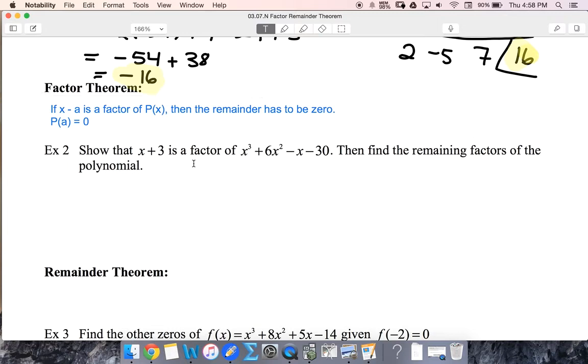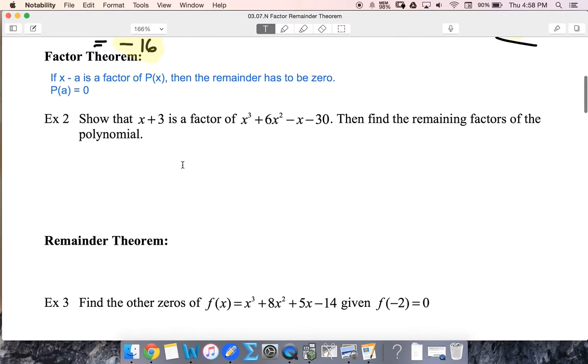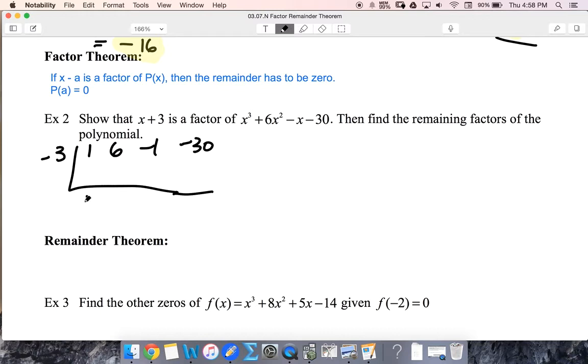This is similar to what we've been doing in our previous notes, which is why I said these notes might be a bit easier for you today. So show that this is a factor. Well, if it's a factor, then when we divide by negative 3, using 1, 6, negative 1, negative 30, the remainder should be 0. Negative 3, 3, negative 9, negative 10, positive 30, remainder is 0.